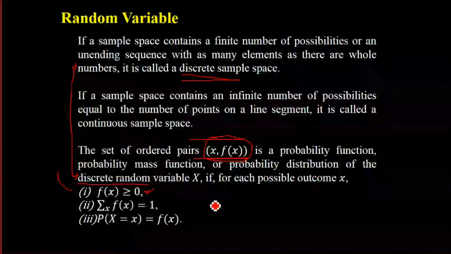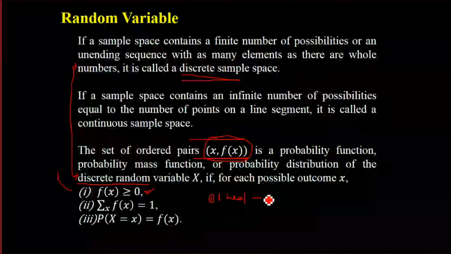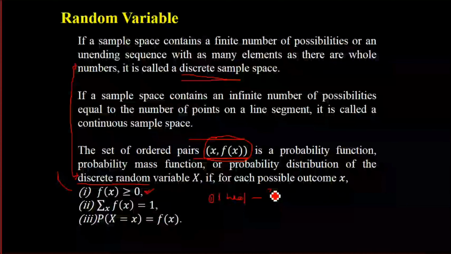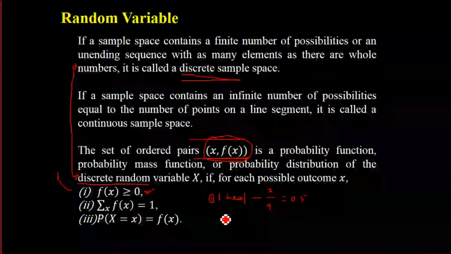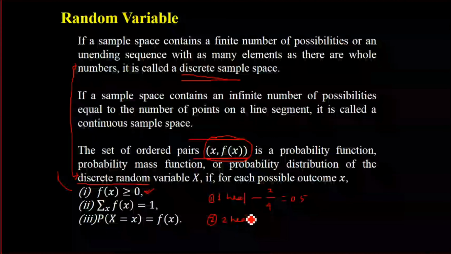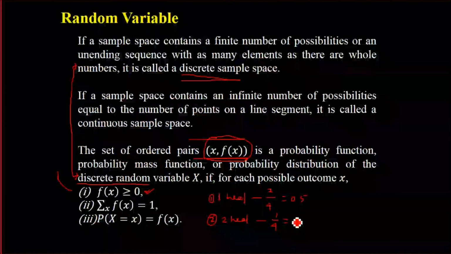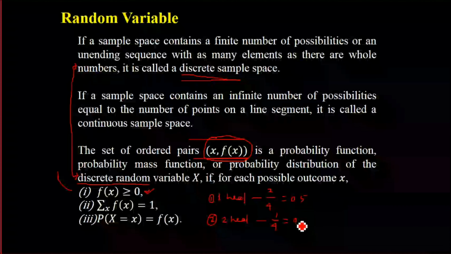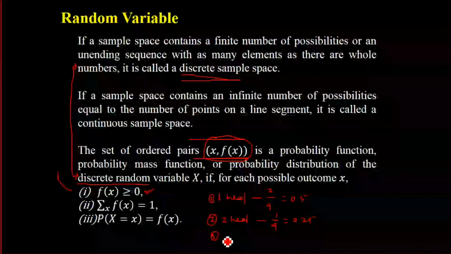So for one head, the probability I told you, outcome 2 by 4, is 0.5, yes or no. The second type is two heads. Two heads is 1 by 4, so 0.25. Then the third is no head.